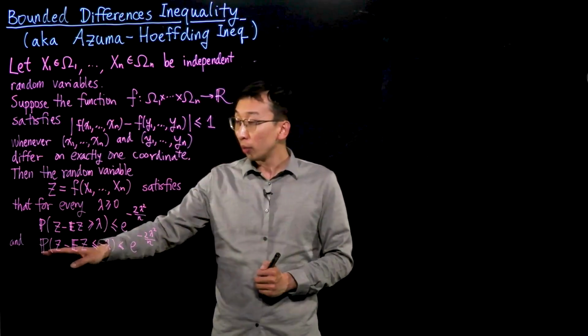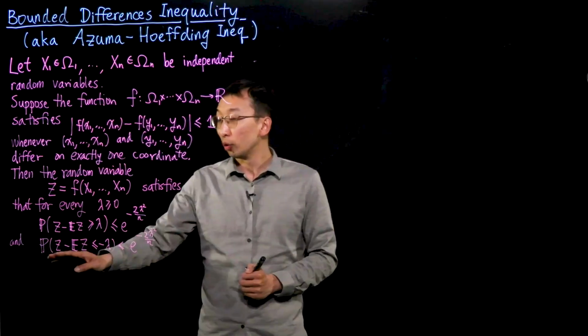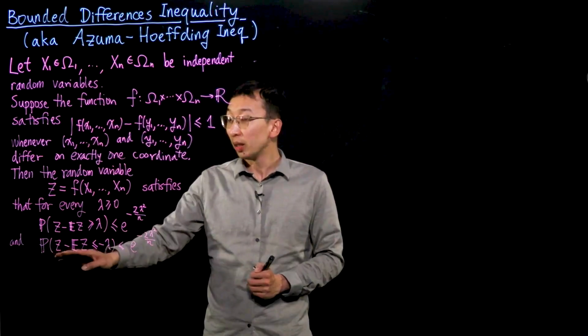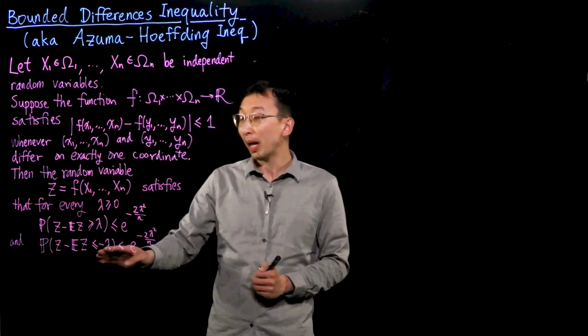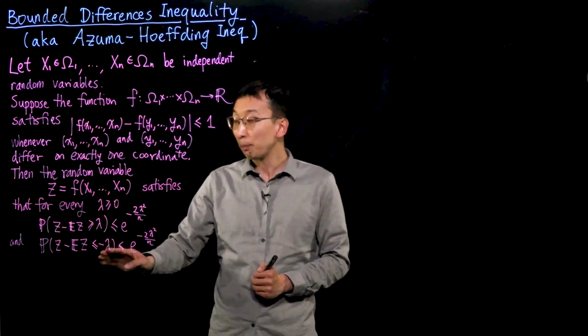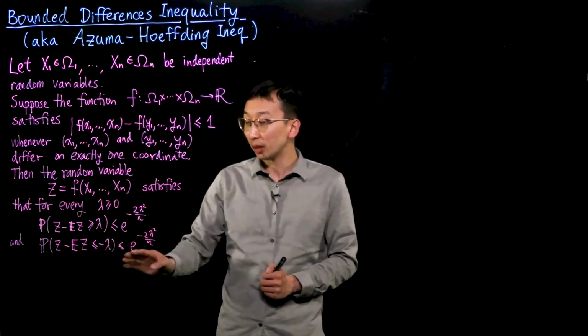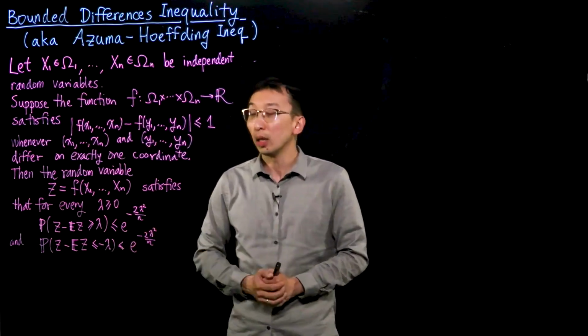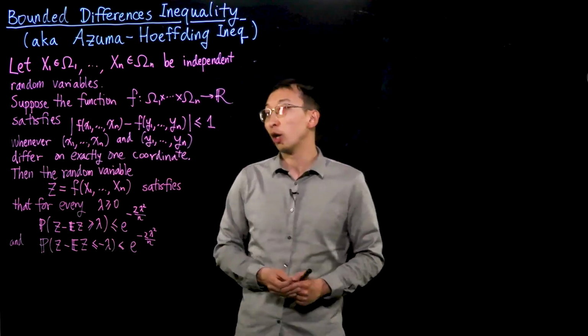And we also have a lower tail concentration bound, which says that the probability that z is below its expectation by at least lambda is upper bounded by the same quantity, which again decays extremely quickly when lambda is large.